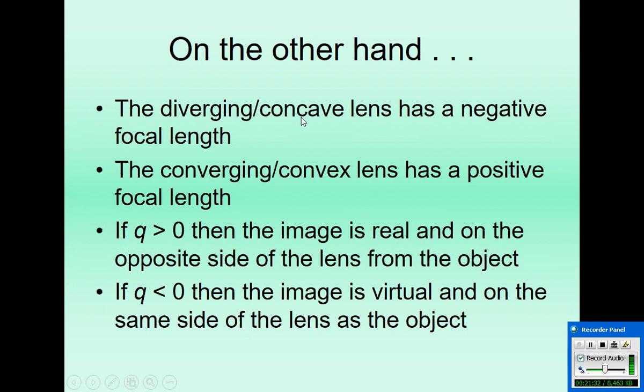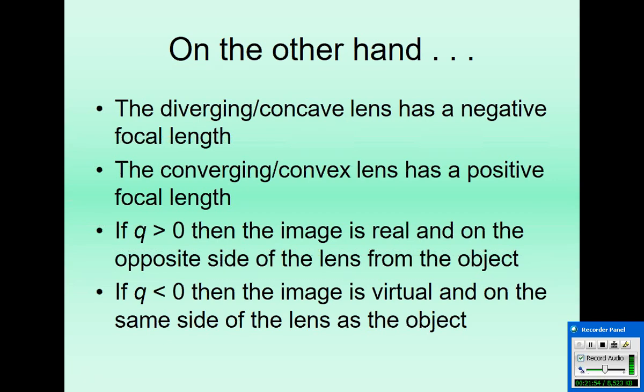A concave lens is a diverging lens. A convex mirror is a diverging mirror. A convex lens is a converging lens. Crazy, but be careful.